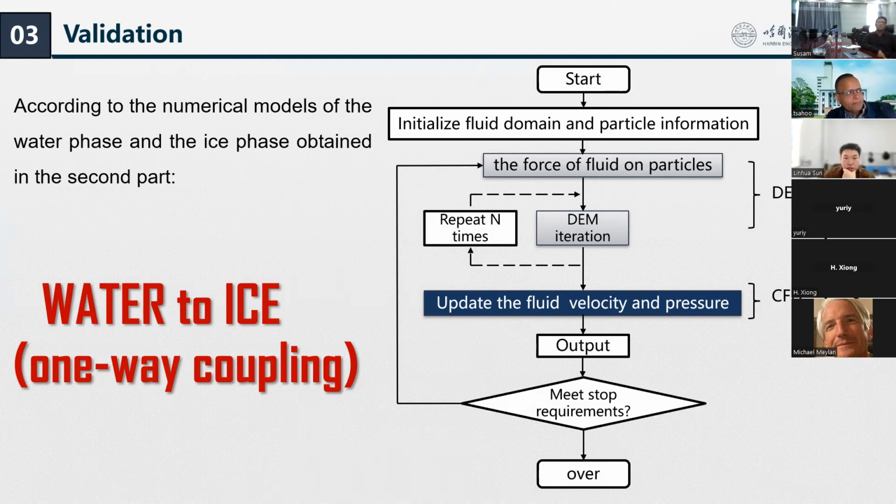We start and set up the fluid domain and the particle information. We use VOF to calculate the information about fluid, and we update the force of fluid on particles. And in DEM interaction, we update the particle information between particle A and particle B.